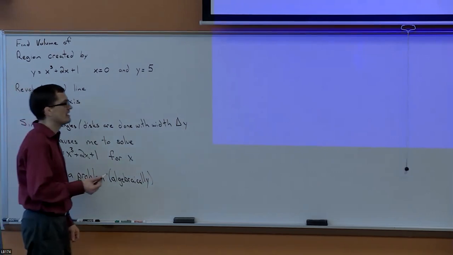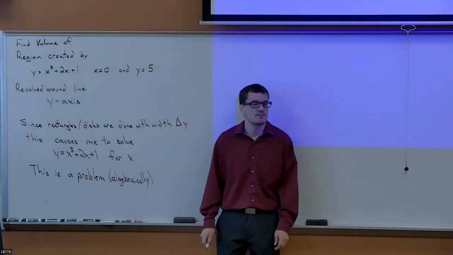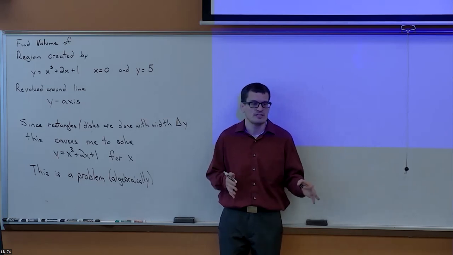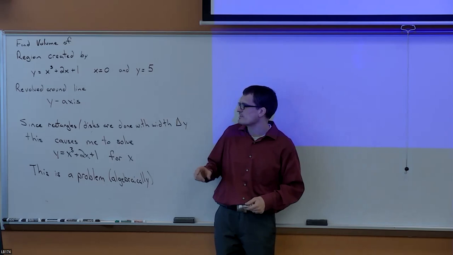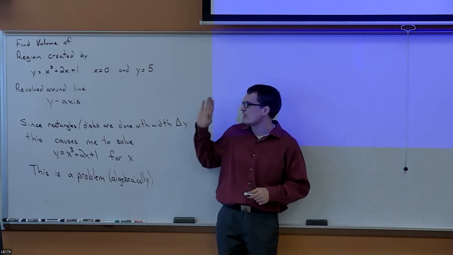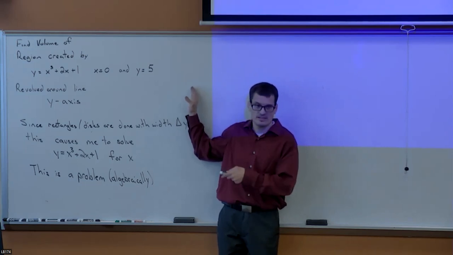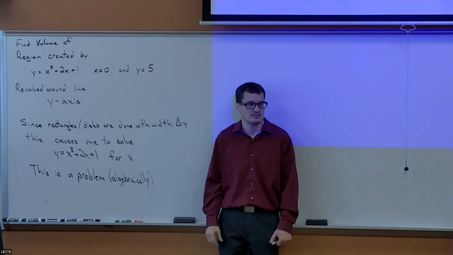So instead of trying to use the disk method for everything, what we do is we transition to the idea of the shell method. Okay? And you can imagine what's going to happen with the shell method is that when we're revolving around a vertical line, like the y-axis, we'll be able to integrate with respect to x.